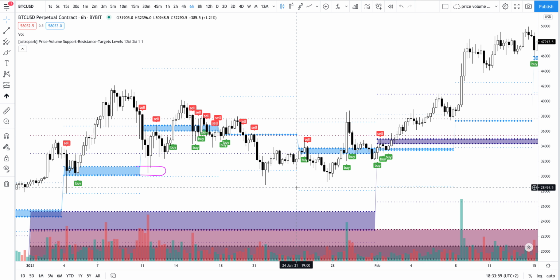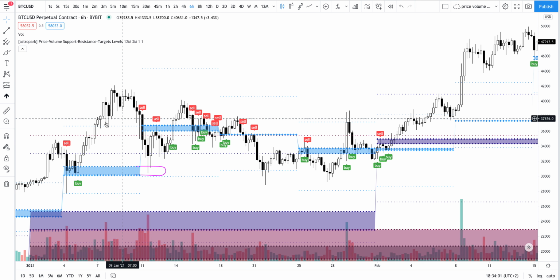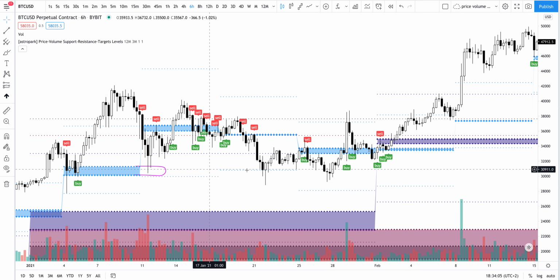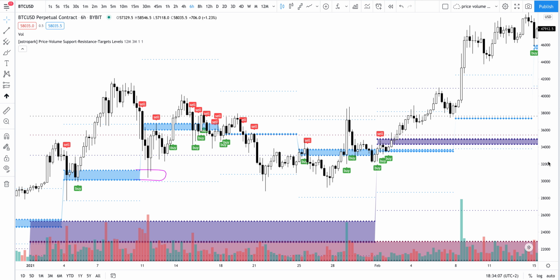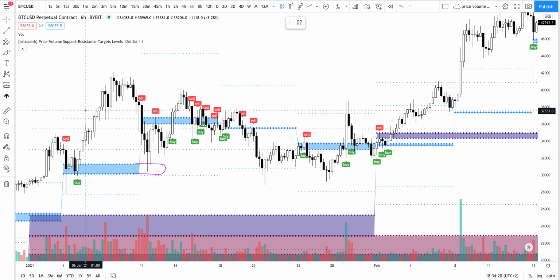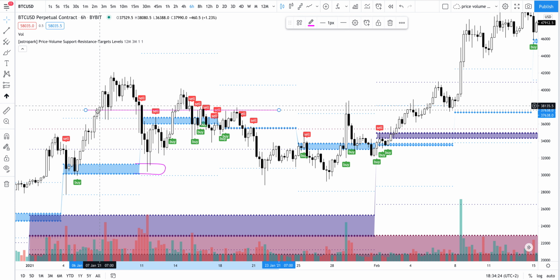Okay, so we have a lot of levels enabled, so these levels themselves tell you that we are in a really crowded zone, because there are really a lot of levels. But I guess you can see these levels are really filled by price. And this is a level which is really filled here, again, here, here.